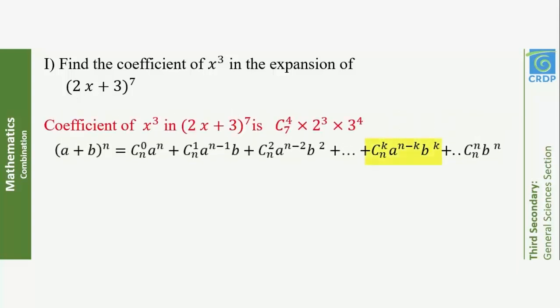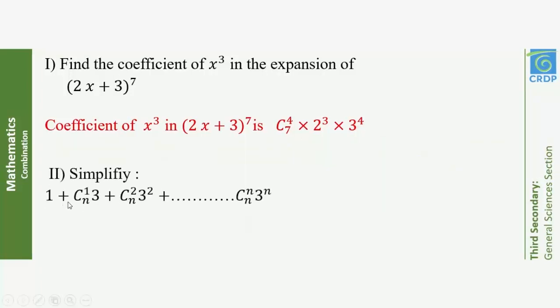This is why the coefficient of x cubed in this expression will be C(7,4) multiplied by 2^3, where 3 comes from 7 minus 4, multiplied by 3^4. Notice that I excluded x cubed because I need its coefficient only. I don't need the whole term. You can use a calculator to find the final answer.